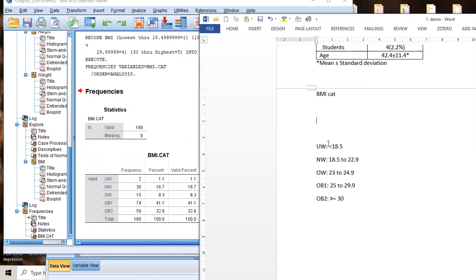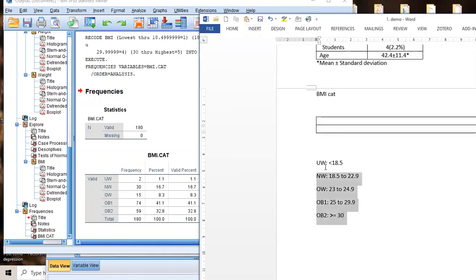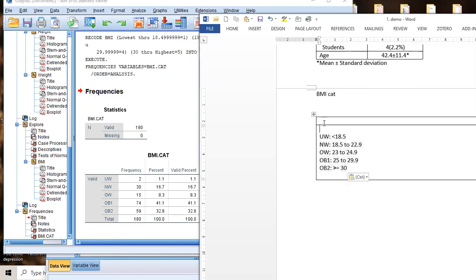So you're going to type, let's say, BMI category. You're also going to create a table, insert a table, and put the values in. So this is BMI level, obesity, or whatever name you want to give, it's up to you.